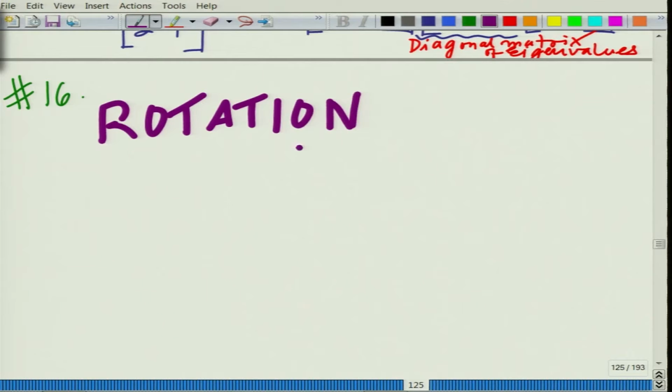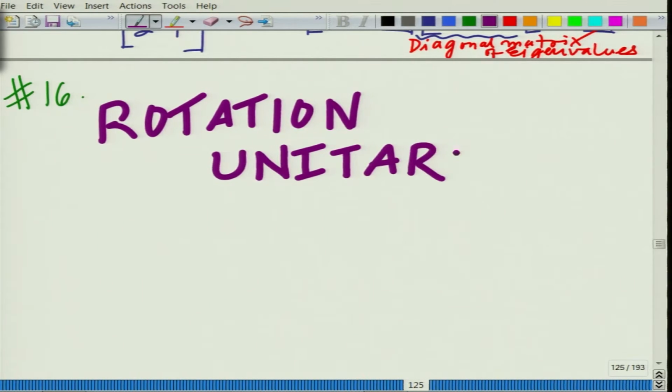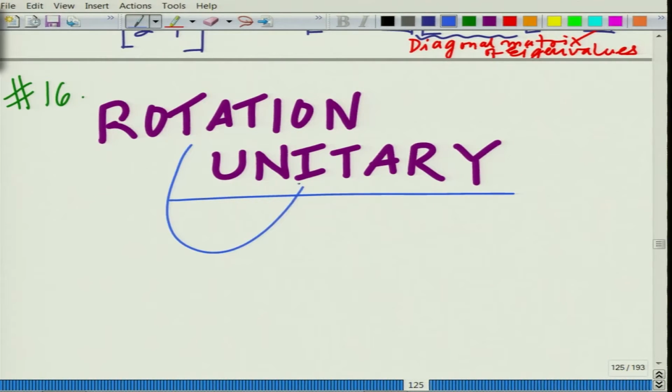These are the rotation matrix and unitary matrices. Rotation and unitary, and these are special kinds, or you can think of them as classes of matrices.